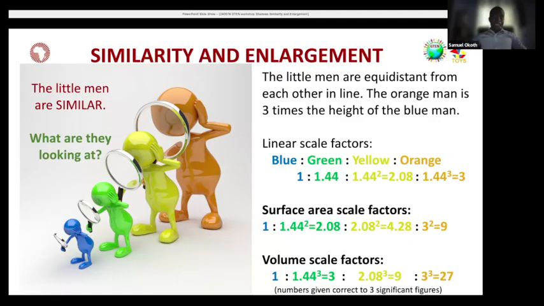The surface area scale factor focuses on the surface area, and the volume scale factor, the volume. These scale factors are important to understand enlargement, and we use them in cases of enlargement or reduction, so that we can find an unknown quantity.